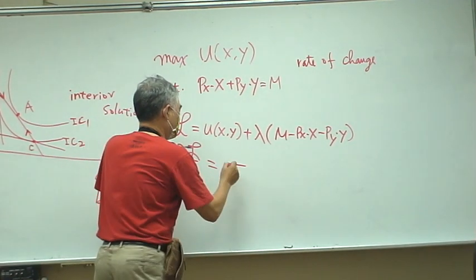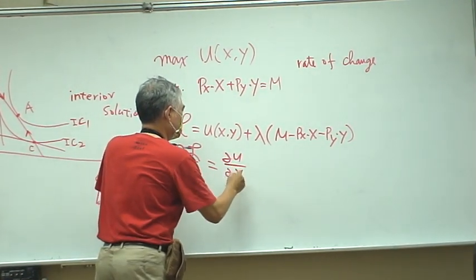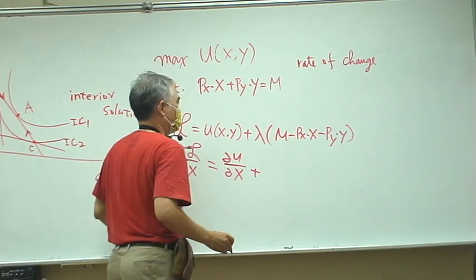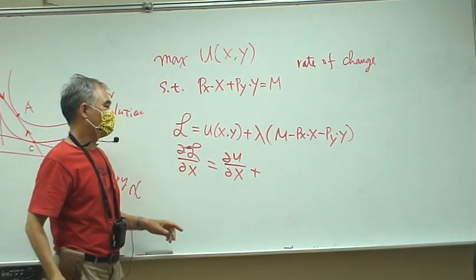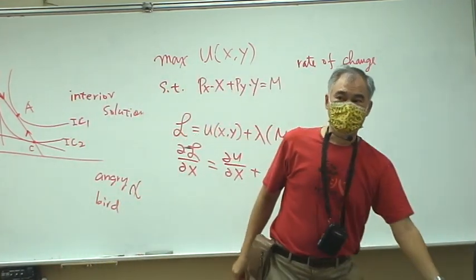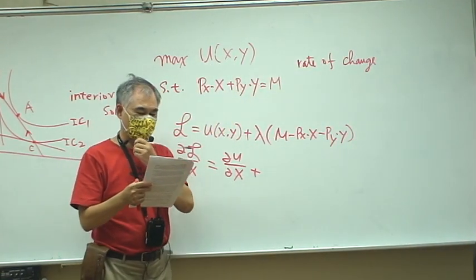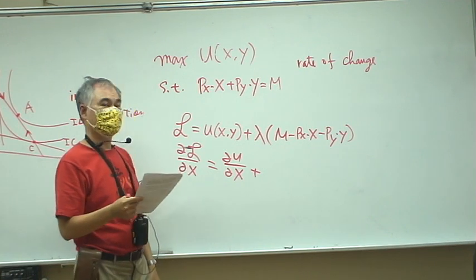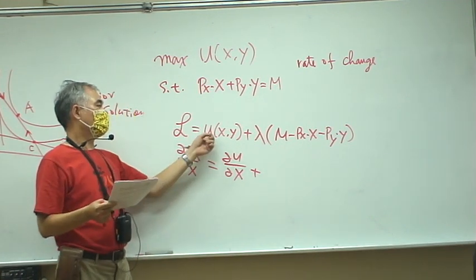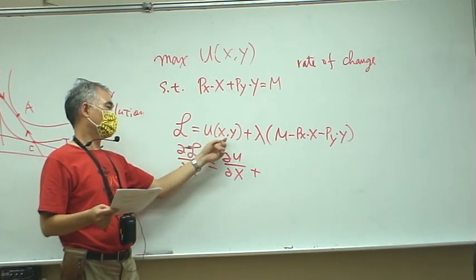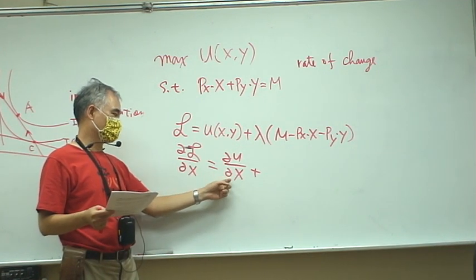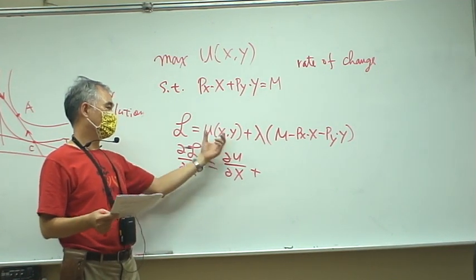So then you have partial u, partial x, plus. If you differentiate the utility function with respect to x, it is here.